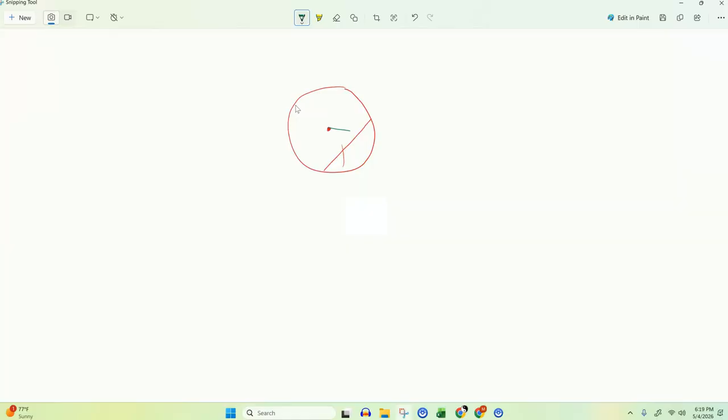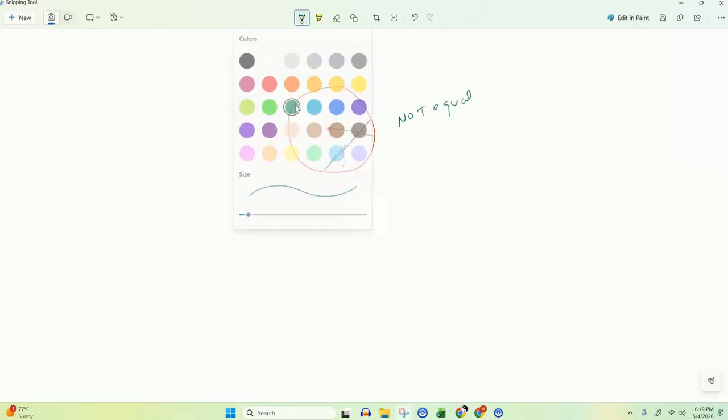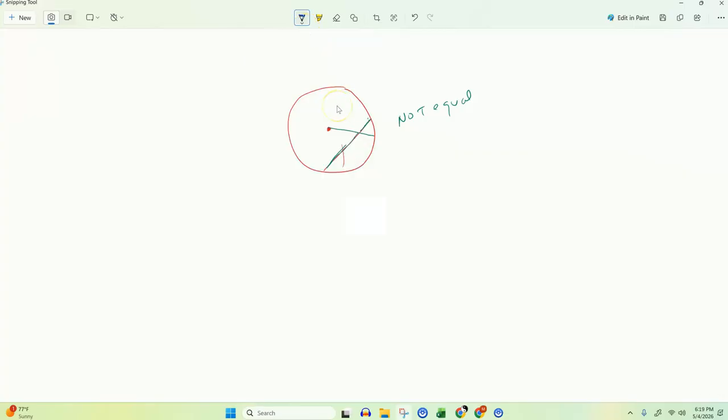Okay, so when I make a line like this, it does not form a 90-degree angle. So this part right here is not equal to this part right here. So not equal, okay? This part, let's make this a different color. Let's make this blue. So this part right here is not equal to, let's say, this green part right here. So it's not equal.